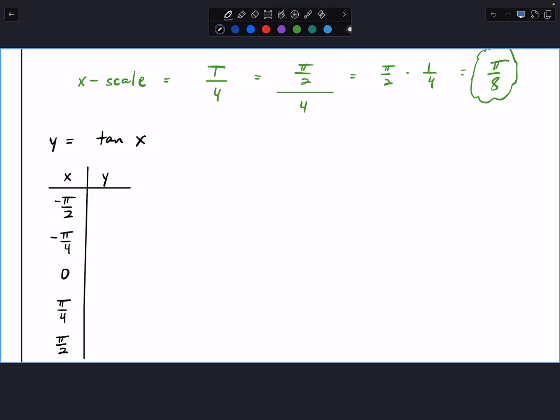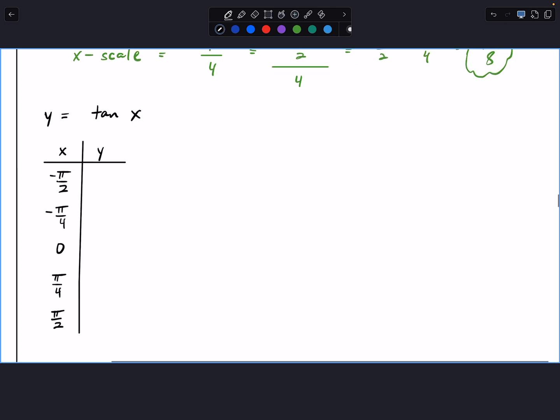So if you do this correctly, for the tangent table, the first value and the last value of one cycle should be asymptotes. So I'm going to draw these little lines right here, because it can't happen. That doesn't exist. So we're going to just write asymptotes there.